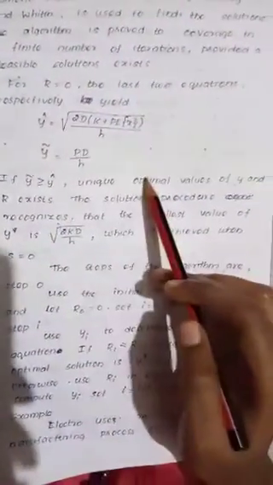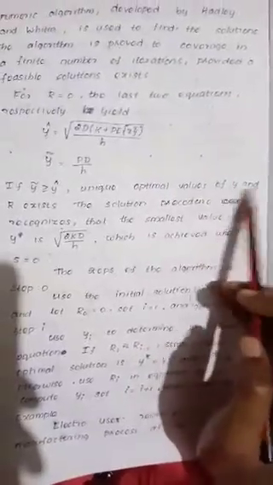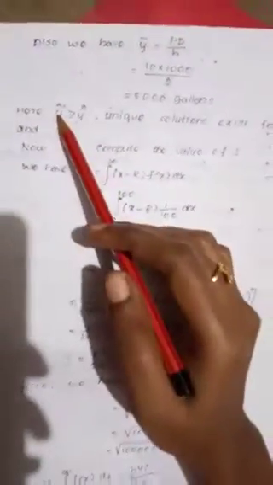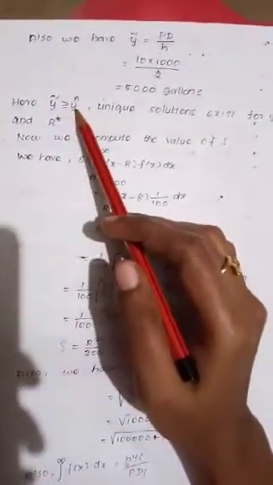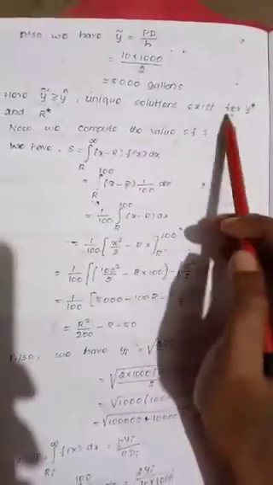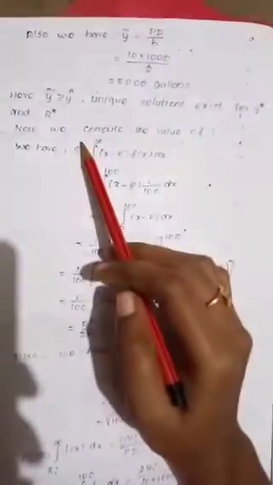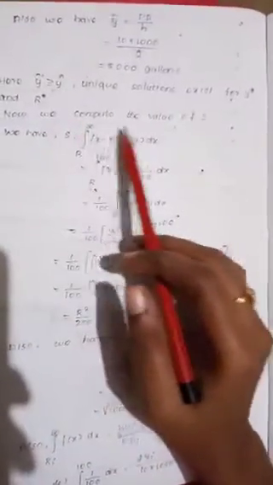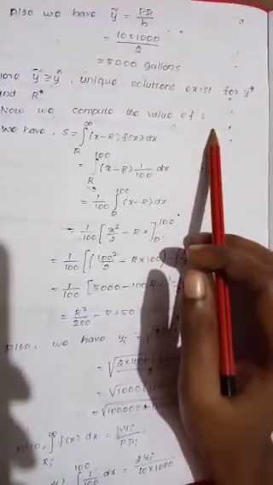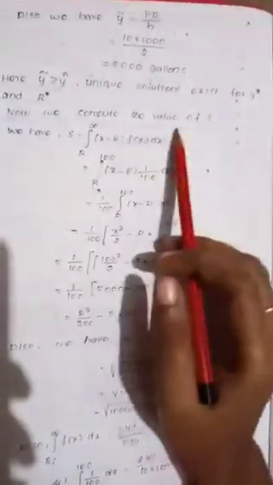As we saw earlier, if y tilde is greater than or equal to y cap, the unique optimal solution y and r exist. Now we compute the value of s.